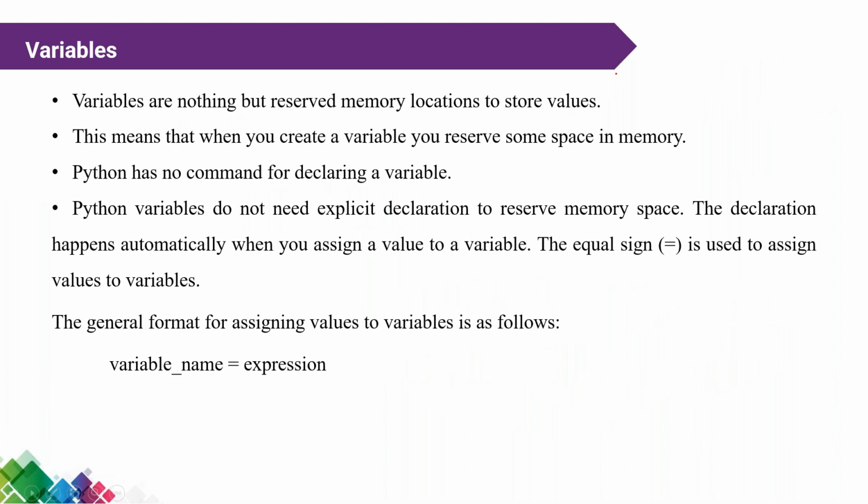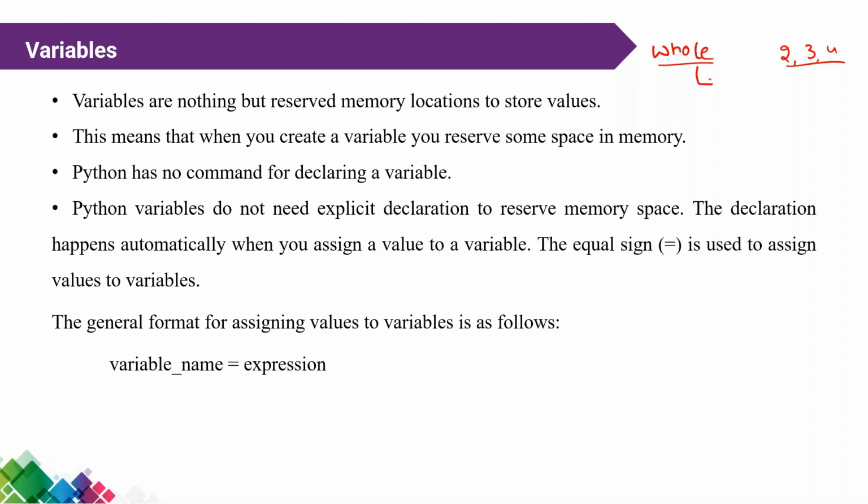Once you understand this concept, the variable concept is very easy to understand. Numbers like 2, 3, 4, without any point, are called whole numbers.